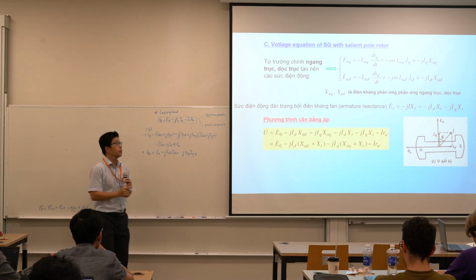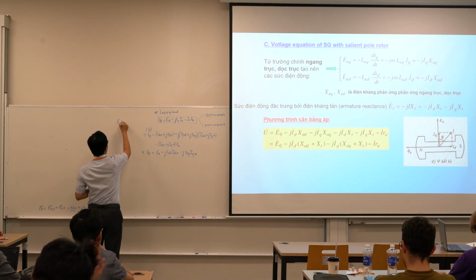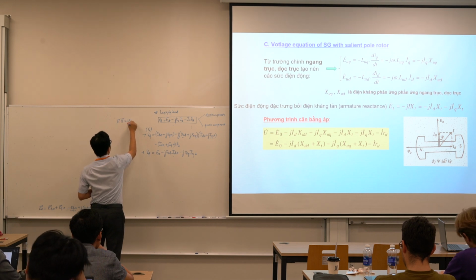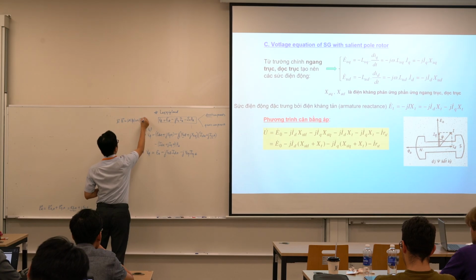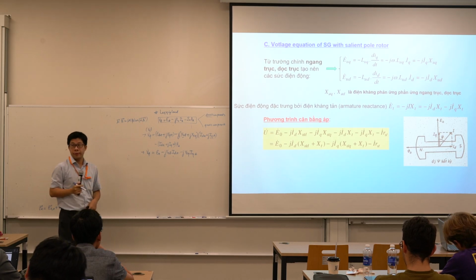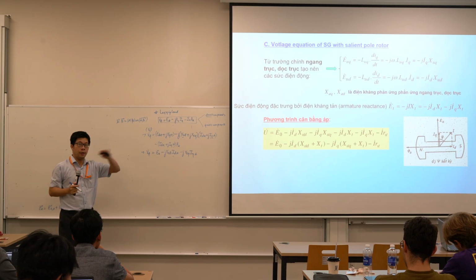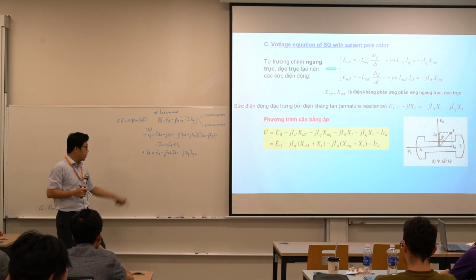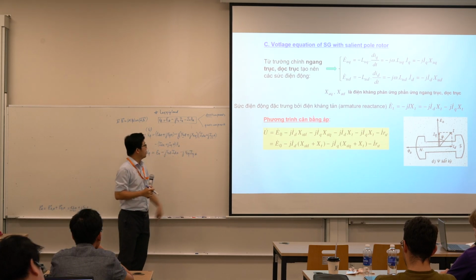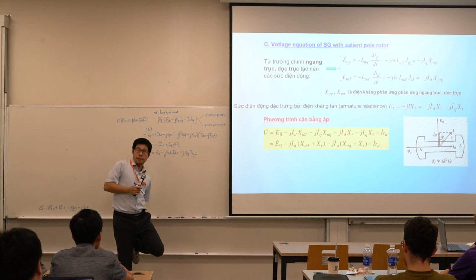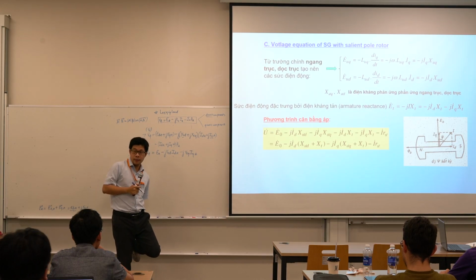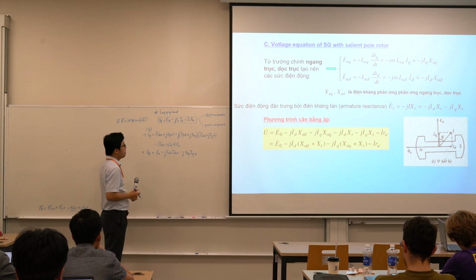Do you read with me? We have A dot B equals AB cosine of the phase angle between A and B. So if we have 90 degrees, because D and Q differ by 90 degrees to each other, the dot product will be 0.